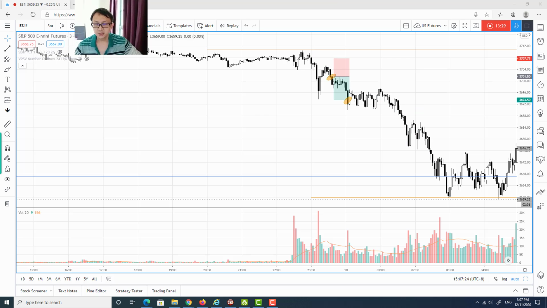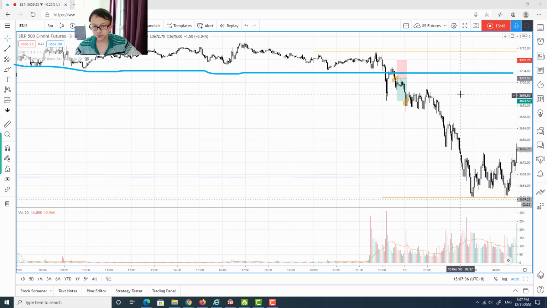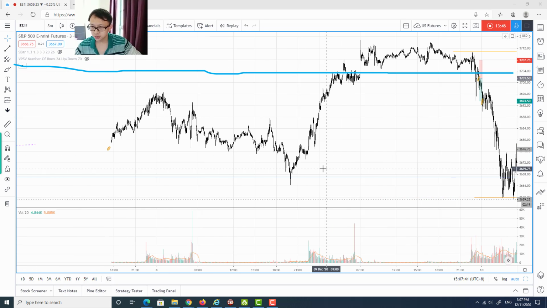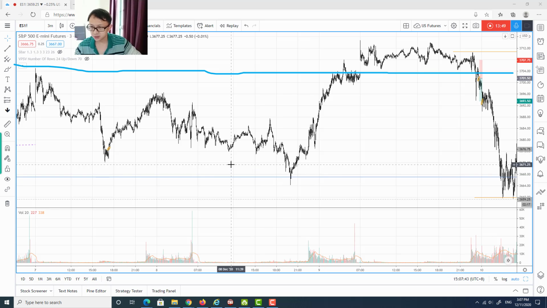And also in my previous video, I talked about how once the support level at about 3700 gets broken, most likely we will just revisit the trading range low. So I think this is somewhere around the trading range low, which is shown right there. You can see that this is somewhere around 3670 or 3665.